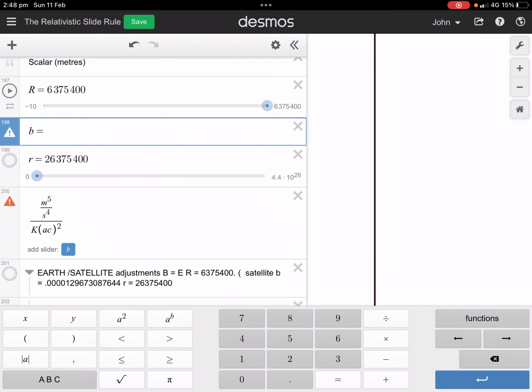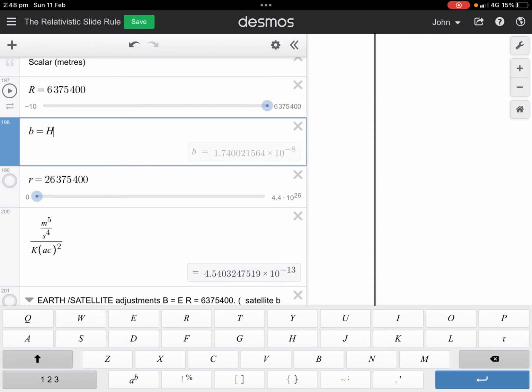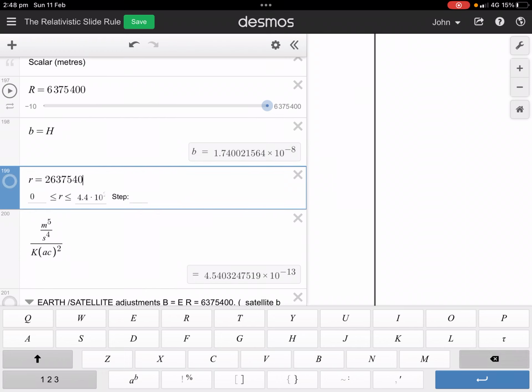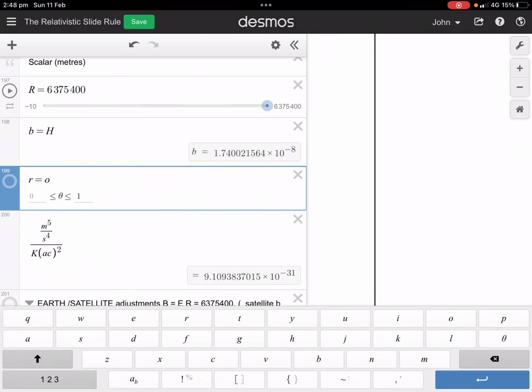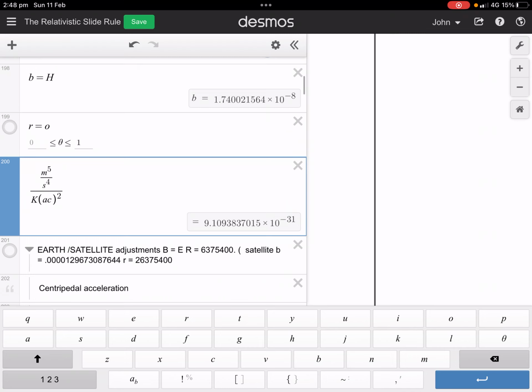So little b can go to h, and little r can go to the radius of the first orbital in the hydrogen atom, and there you have it, 9.1 times 10 to the minus 31 kilograms.